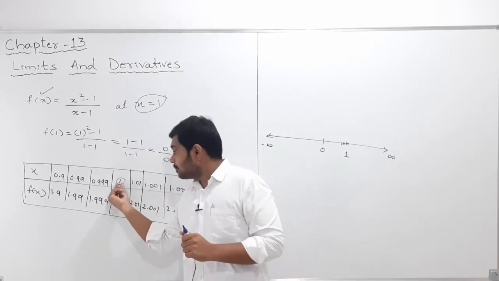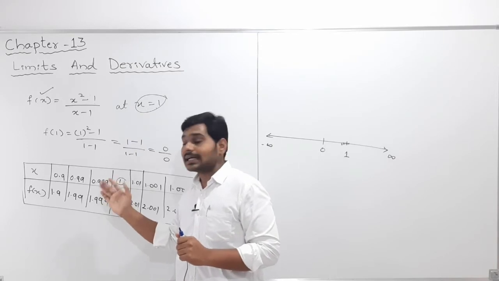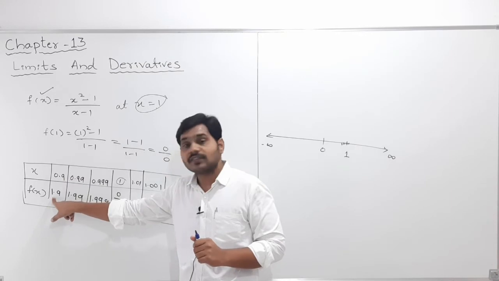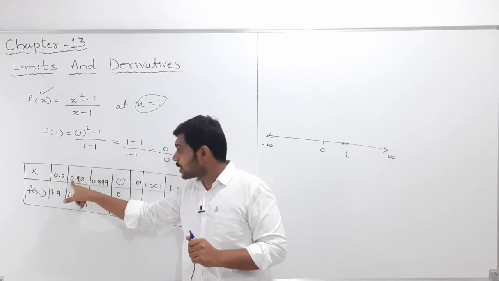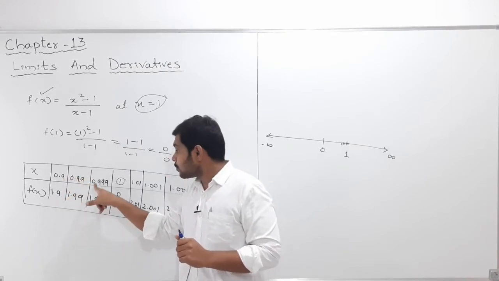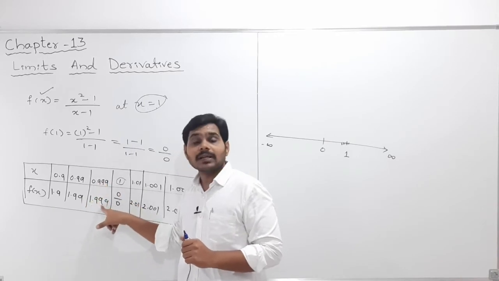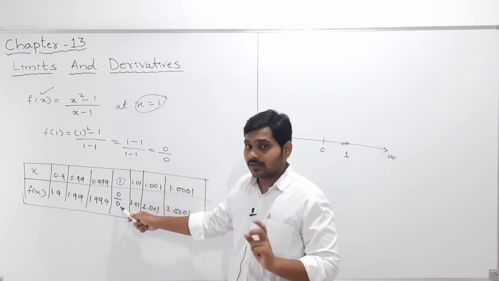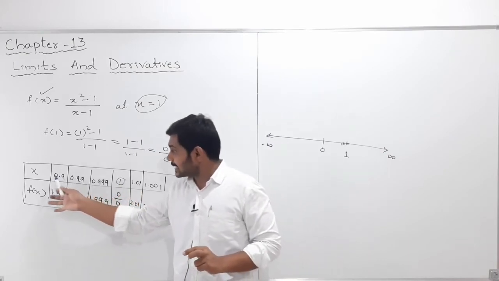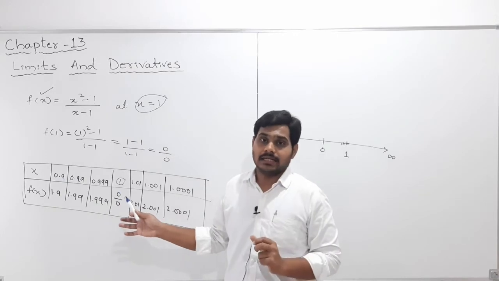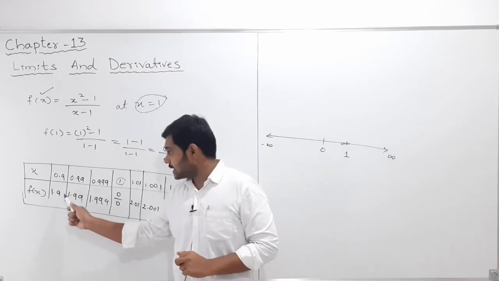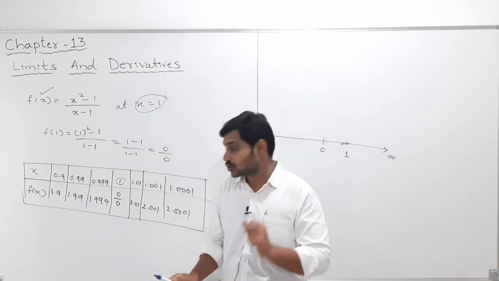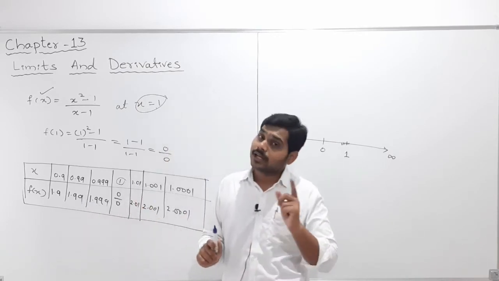It means before 1. If I give 0.9, what is the behavior, what is the f of x value? The function value is 1.9. If I give 0.99, 1.99, for 0.999 it is 1.999. Then obviously at exactly 1 we cannot define it. But if you check the history, what can I say? 1.9 is very close to 2, 1.99 is also very close to 2, 1.999 is also very close to 2.